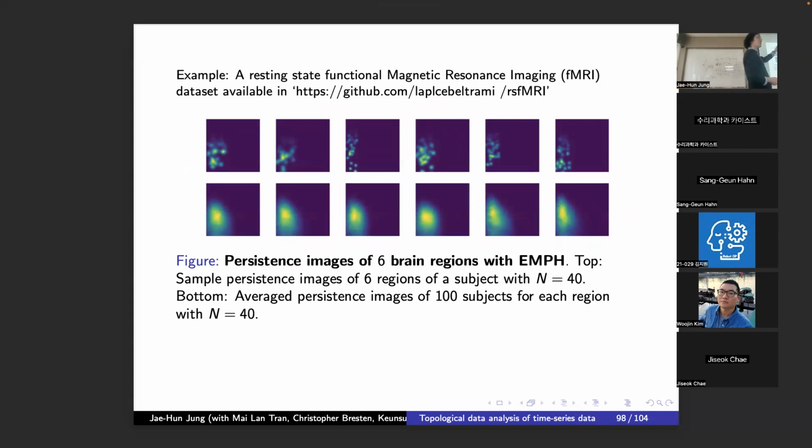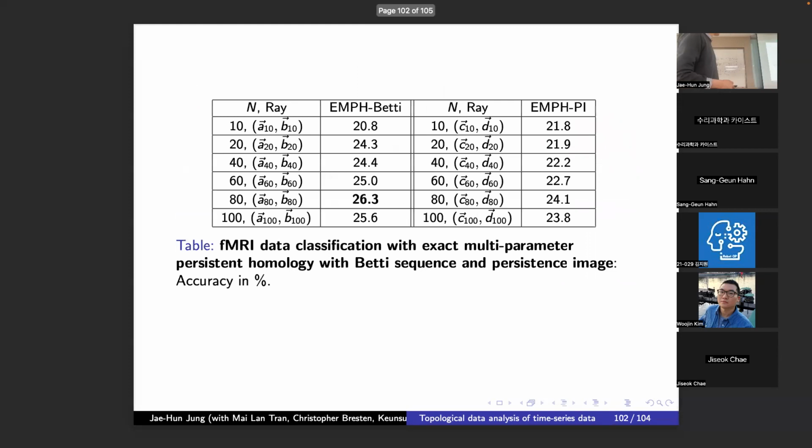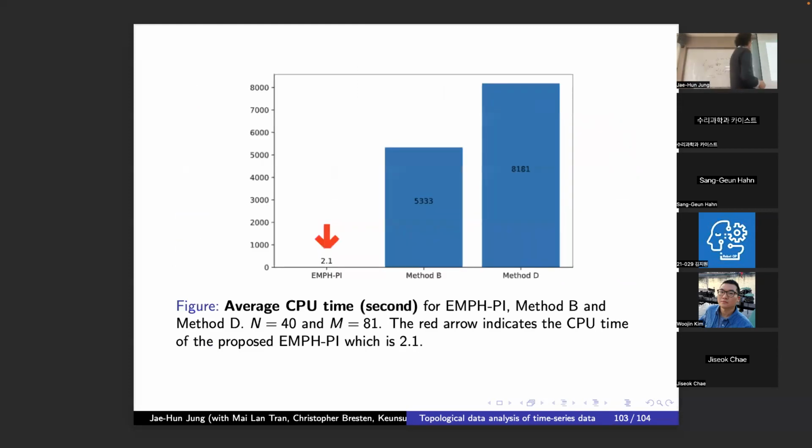Applying persistent homology to fMRI is not possible, so they don't use the Rips complex for fMRI, but we did. This is the EMPH computational time, and this is the usual persistent homology. But the accuracy is basically similar or even better.